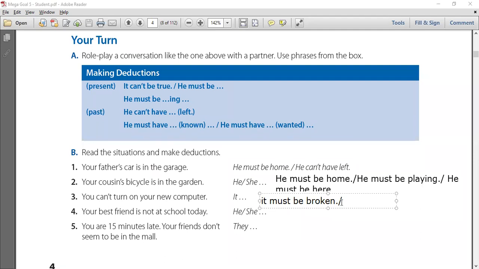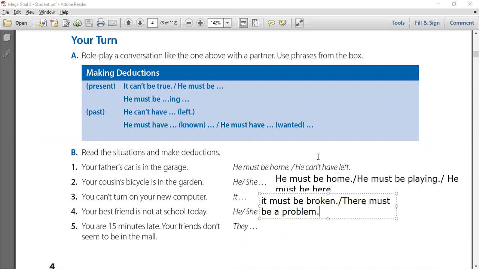There must be a problem. Yeah, there must be a problem. Very good. So now we understand the meaning of this. You're just assuming, even though you're using the word must, that doesn't mean that it's for sure a problem. I'm just assuming. Next, your best friend is not at school today.